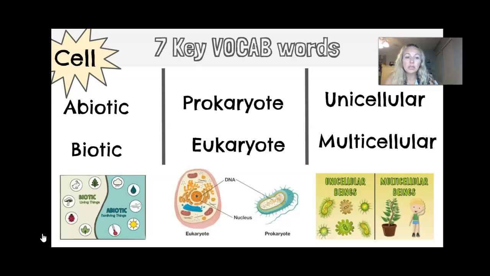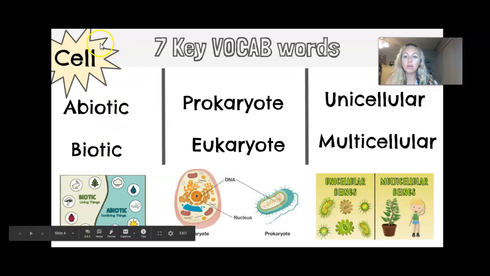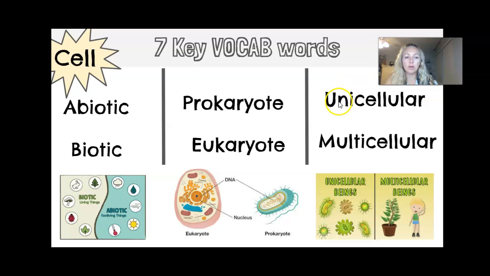There are some really important keywords that you need to pay attention to today. So we've got the word cell, abiotic, biotic, prokaryote, eukaryote, unicellular, and multicellular. So we're looking at cells are biotic things.